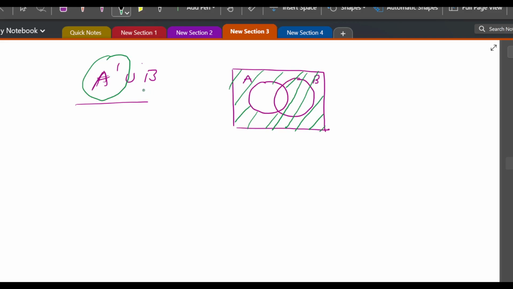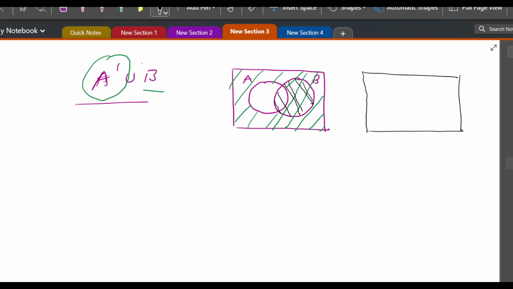Then B. For B, I will completely shade B, without thinking about what other things are given, because now I am concentrating on B.